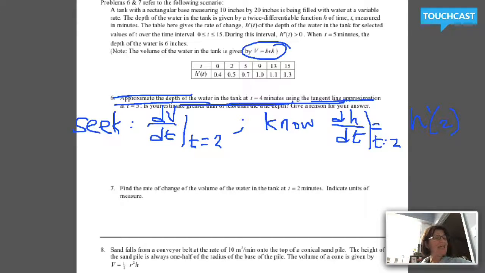That means in this case I can think of length and width as constants, and I'm going to write this equation. V, the volume, is equal to, I could write length times width times height, but I know length is 20, width is 10, so I'm going to write 20 times 10, 200, times h.